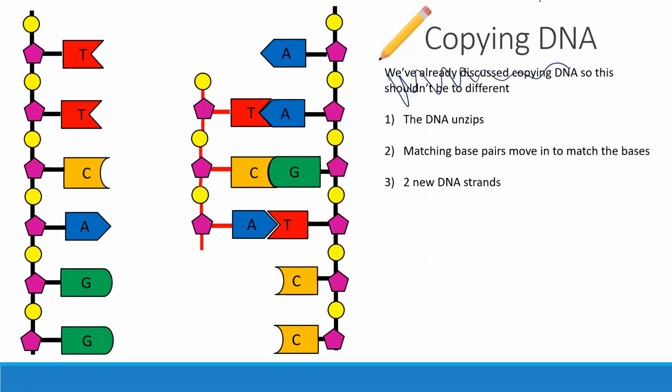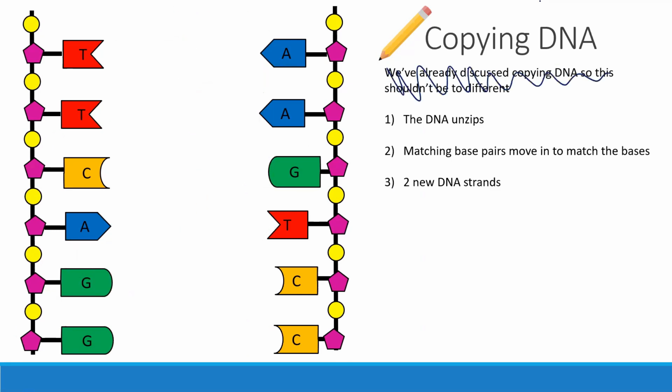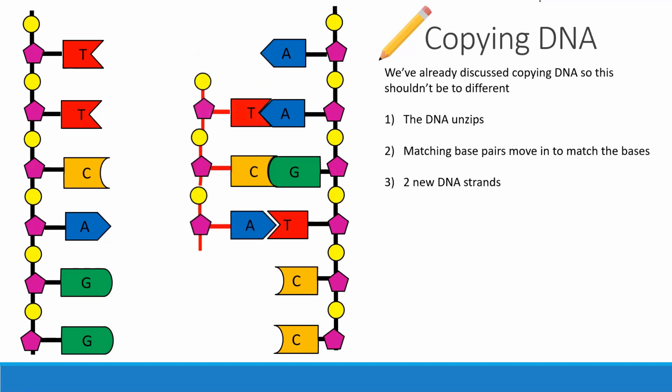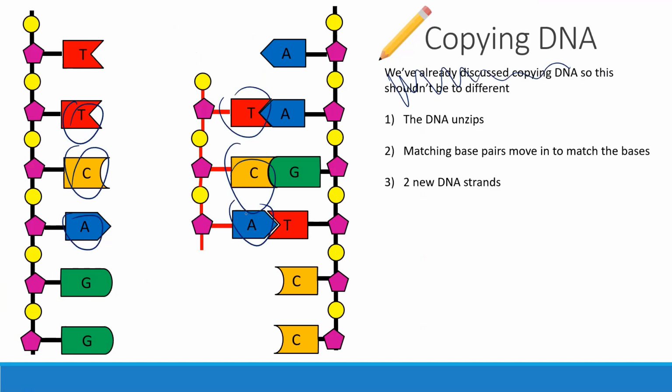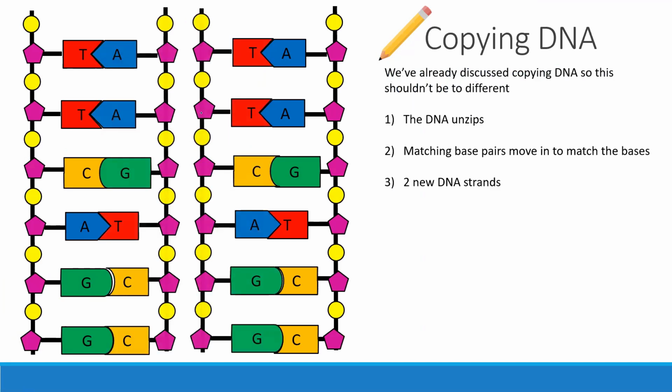We know that T matches with A. So we can replace that T with an A. We can replace that C with an A. And you can look here, right? TCA. It matches. I've just drawn this left side in red because it makes it easy. And what happens after this is you'll end up with 2 new strands of DNA.